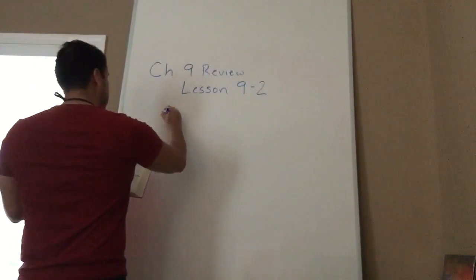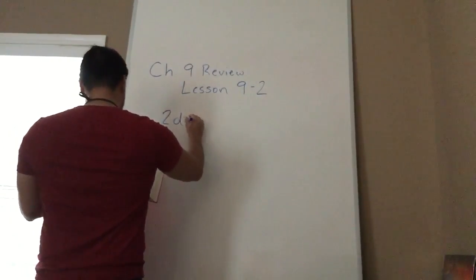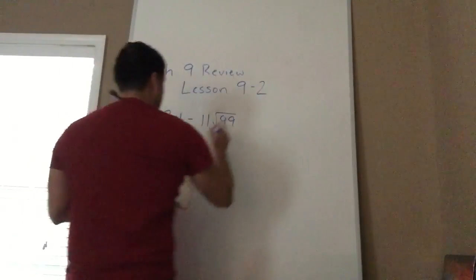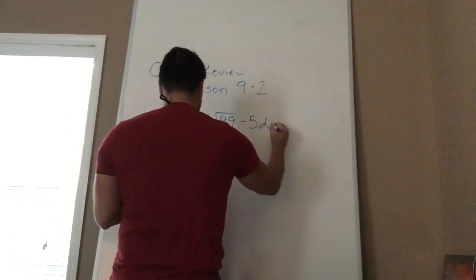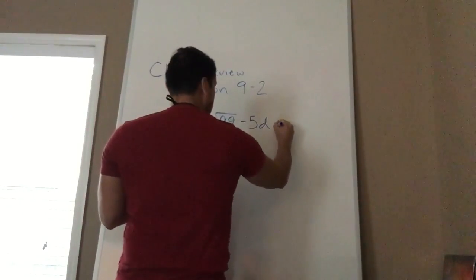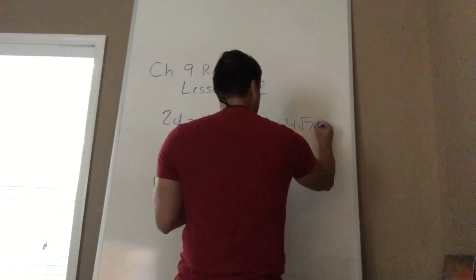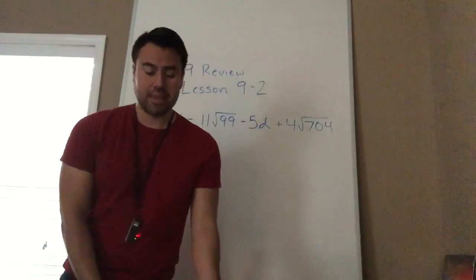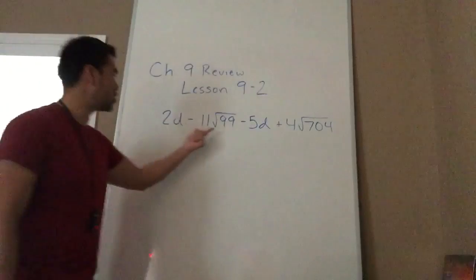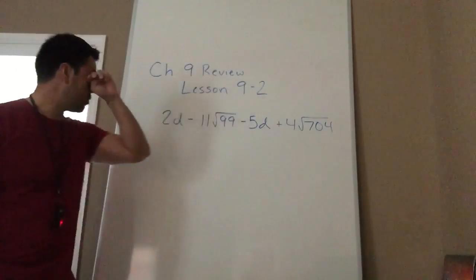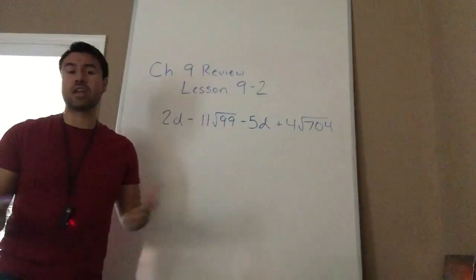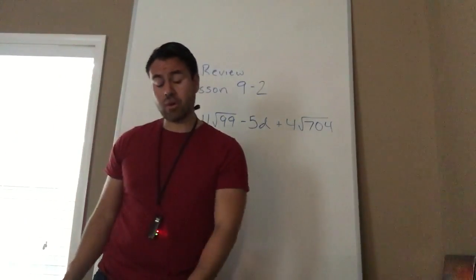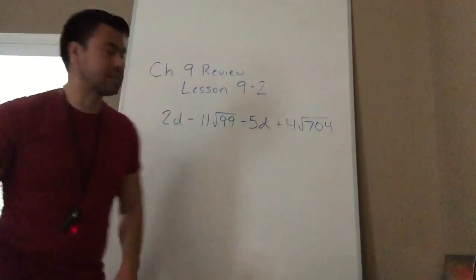How about 2d minus 11 times the square root of 99 minus 5d plus 4 times the square root of 704. So you're going to be simplifying each term, and then if you have any like terms, you can combine them. Sometimes you're adding, sometimes you're subtracting, and sometimes you can get more complicated, but again, you'll get some practice on IXL.